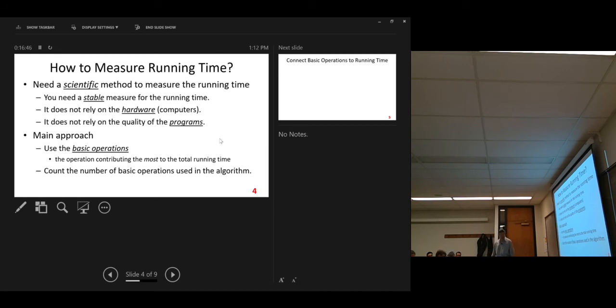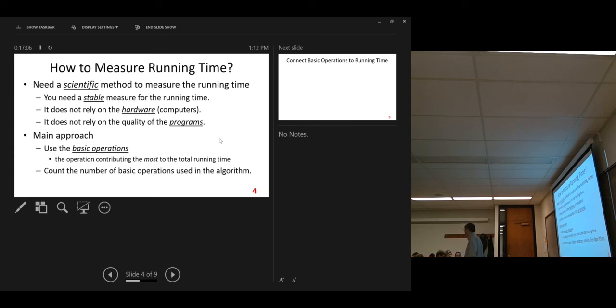Count the number of basic operations used in the algorithm. That's our main approach. We count the number of basic operations. That number, you can see, does not rely on your computer hardware and your program quality.